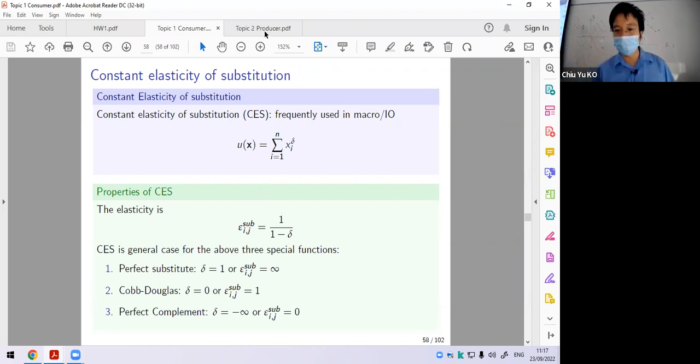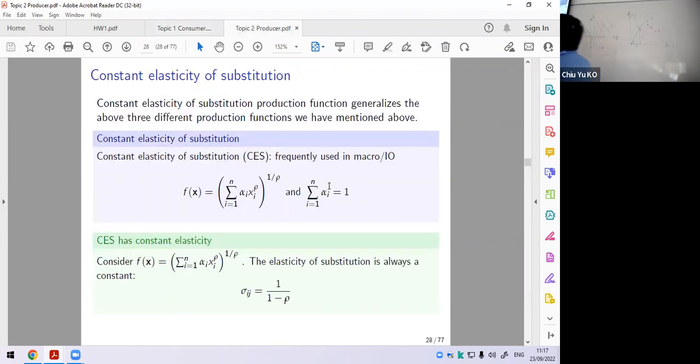So you can imagine why in macro or IO or some trade papers they have been using this CES, because this is more general than Cobb-Douglas. And why do you need it to be more general? Because when you run econometrics, that will be more feasible. When you have empirical IO, when you have a marketing model, you have more parameters to fit, right?